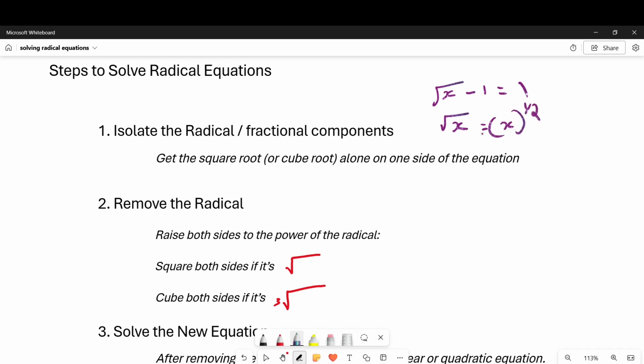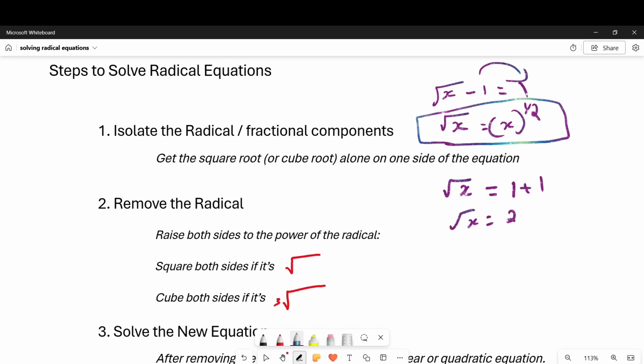We can write it using the radical or using the exponent form, x to the power 1 by 2, but that is not important here. What we want to do is keep the root x on the left hand side and move the 1 to the right hand side. So plus 1, and root x is equal to 2. This is how we isolate.